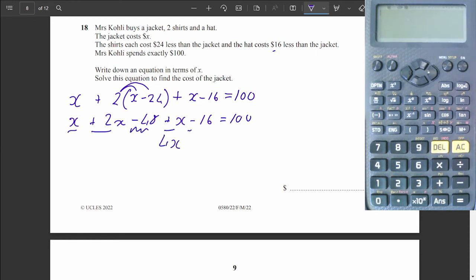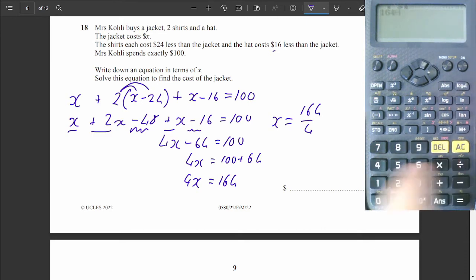Minus 48 minus 16 is minus 64. Then we can add the 64 on the other side. So that gives us 4x equals 164. And then divide by 4. 164 divided by 4, of course, is 41. And then you have the answer.